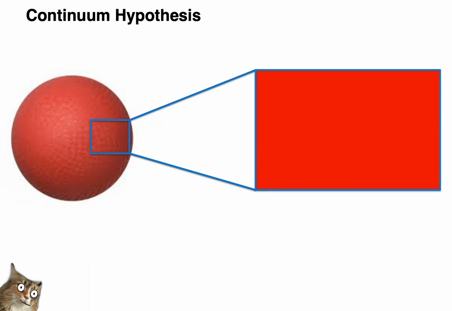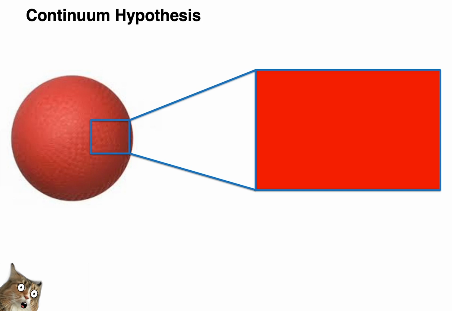Everything we learn today is based on what's called the continuum hypothesis. Roughly speaking, the continuum hypothesis tells us that no matter how close we look at an object, like this rubber ball, it appears to have an identical homogeneous composition. In other words, this ball is made of the same rubber no matter how far we zoom in.